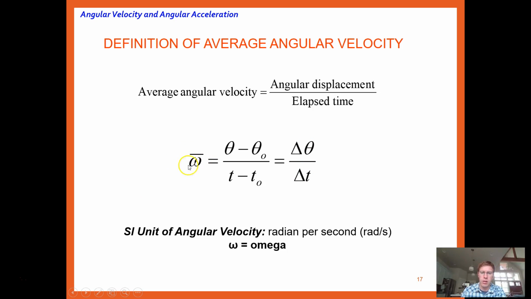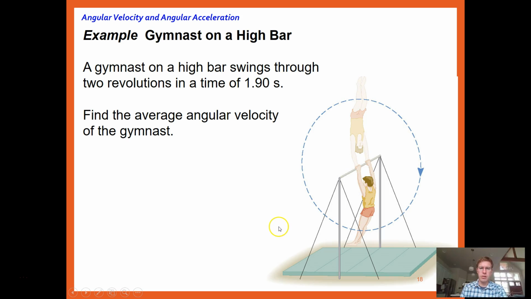And this funny curvy looking W you see over here is just the Greek letter omega. So you notice we had X, V, and A, all normal English letters, for displacement, velocity, and acceleration. Now we're going to have theta, omega, and alpha, all Greek letters to represent angular displacement, angular velocity, and angular acceleration. So that's average velocity.